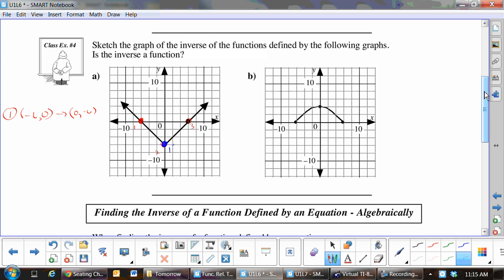Okay, point 2 is 0, negative 6. That will become negative 6, 0. So this becomes like 2 prime, right?